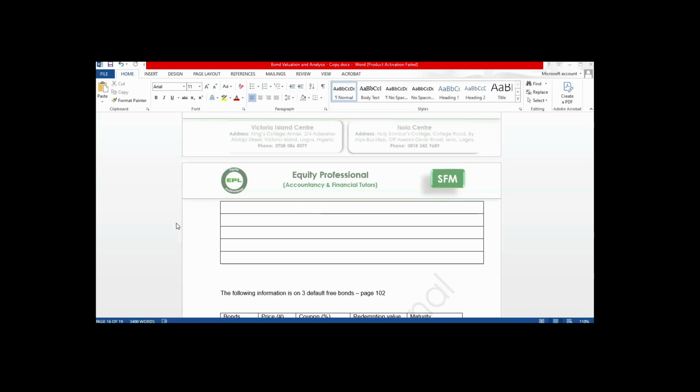You recall, we explained spot rates at our last class. The spot rate is the rate of interest payable on a loan today.